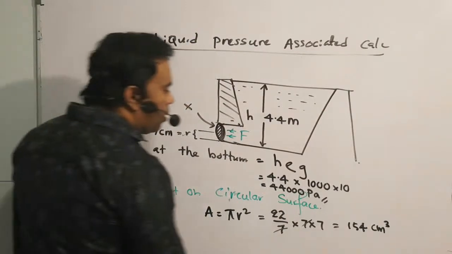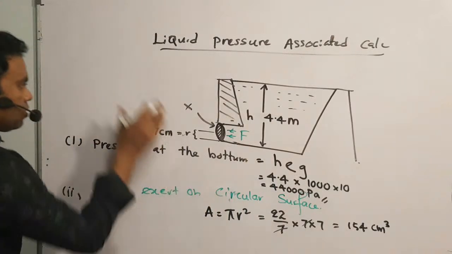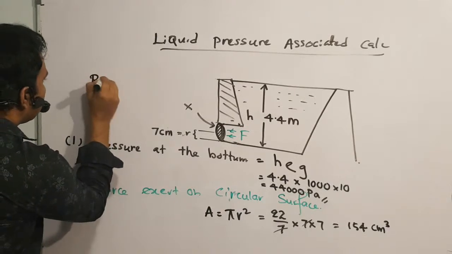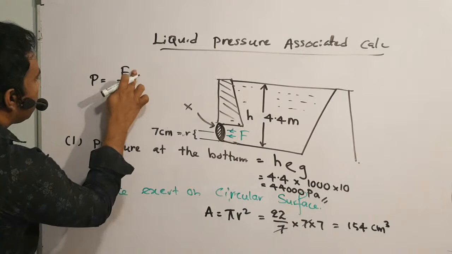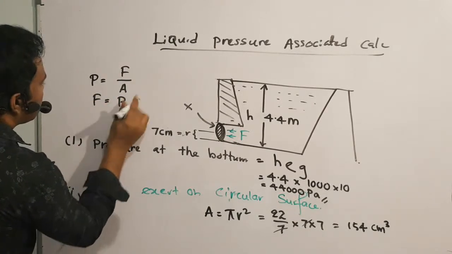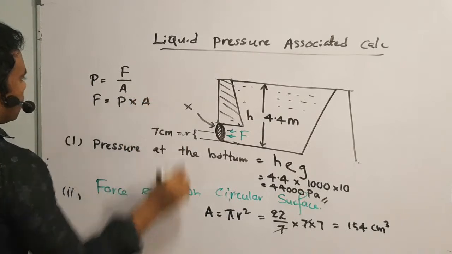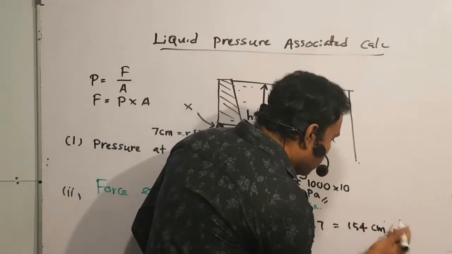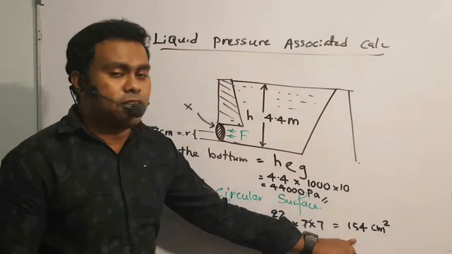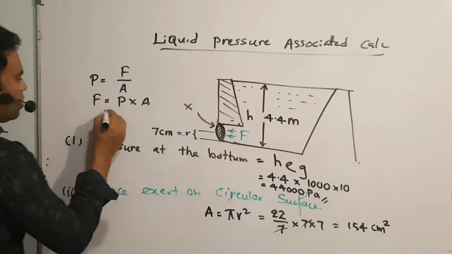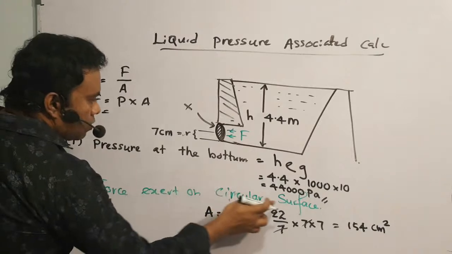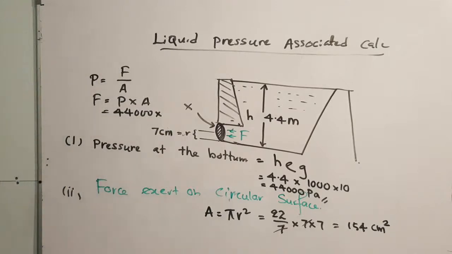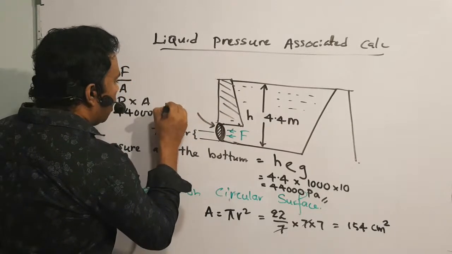Next you have to find the force. Pressure equals force upon area, then force equals pressure into area. But you have to note this is square centimeters, and you have to convert that into square meters. The pressure value is 44,000 into area 154.